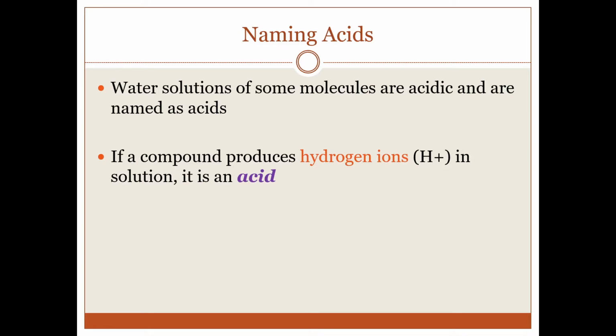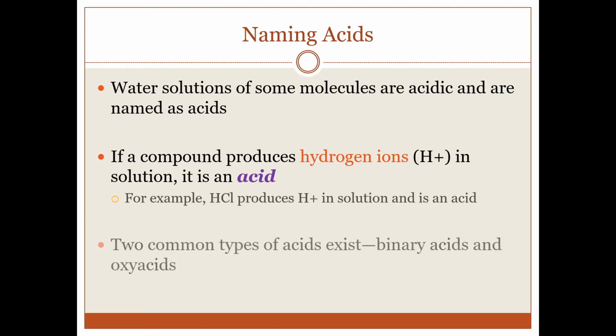So if a compound produces hydrogen ions, H+, in a solution, it's called an acid. So for example, HCl produces H+ in a solution and is therefore an acid. Two common types of acids exist, binary acids and oxyacids. So we'll go into more detail on each one of those.